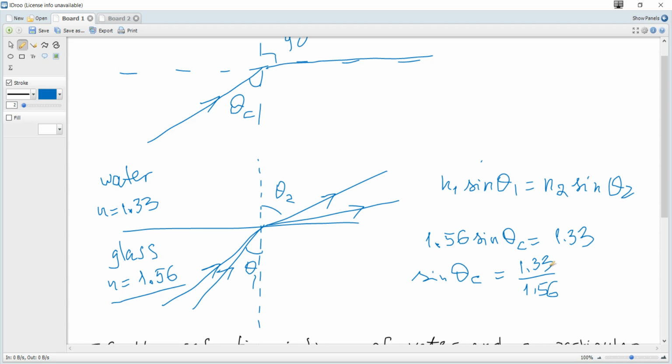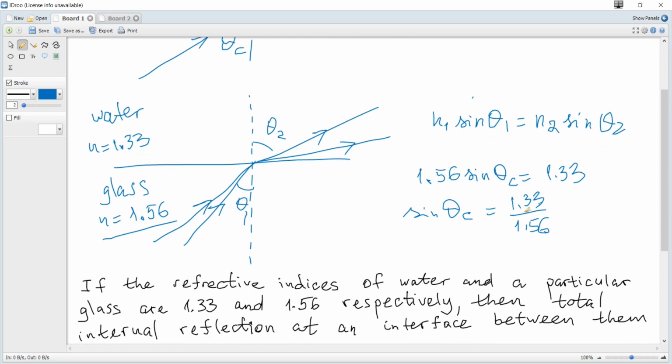Quite easy to remember: smaller refractive index divided by larger refractive index, provided that a ray is moving from a medium with larger refractive index to a medium with smaller refractive index. And if the incident angle theta is greater than theta critical, total internal reflection takes place.